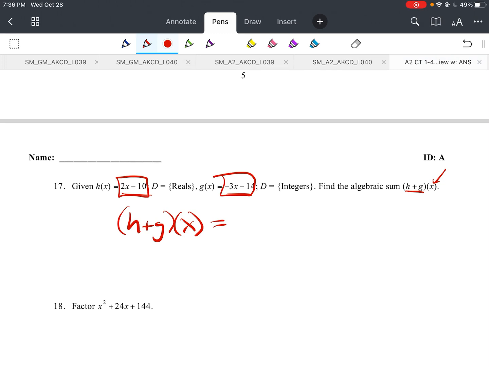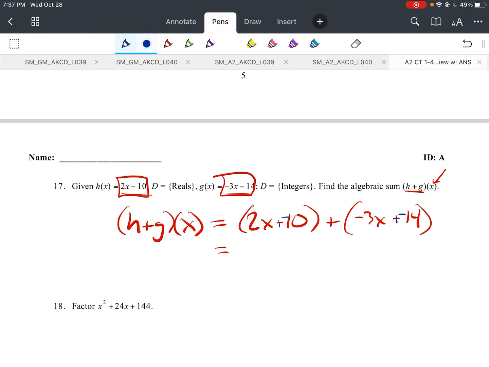What is h of x? Well, that's 2x minus 10. What is g of x? Well, that's negative 3x minus 14. Okay, let's add them up. So this is 2x and negative 3x. It's already negative, so leave that alone.